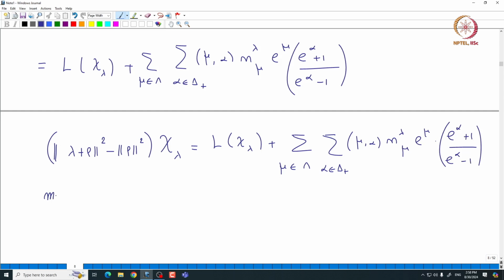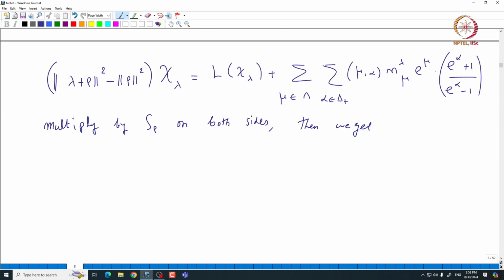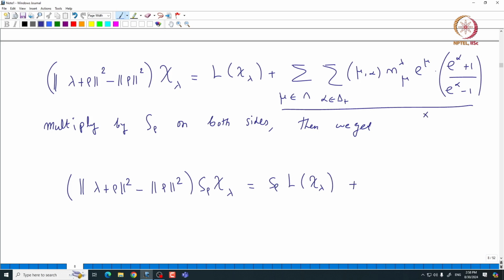Now multiply by S rho on both sides. Then we get the following identity: norm lambda plus rho square minus norm rho square times S rho chi lambda is exactly equal to S rho times L of chi lambda plus this term, star.